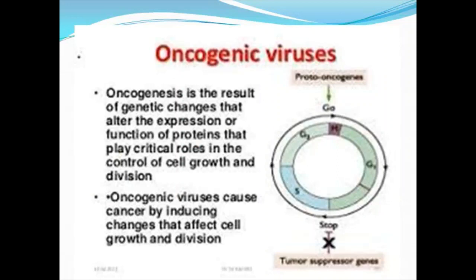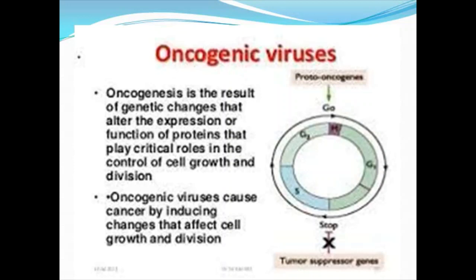So these are known as the viral etiology of cancer. I'm coming to that first. So oncogenic viruses. There is proto-oncogenesis which converts a normal cell into a cancer cell. There are tumor suppressor genes which usually suppress this process, but when these tumor suppressor genes are deactivated by some cancer-causing agents, then proto-oncogenesis occurs and the proto-oncogene is converted into an oncogene.